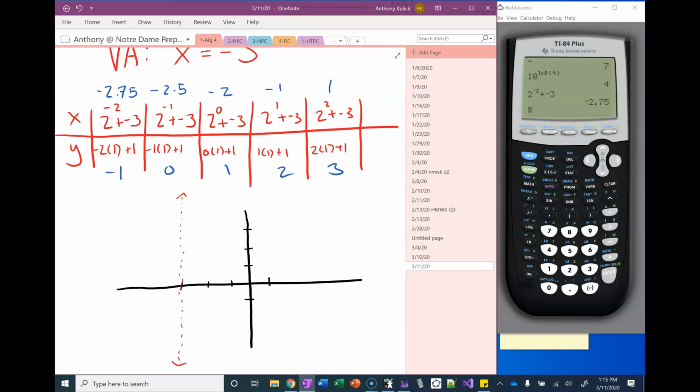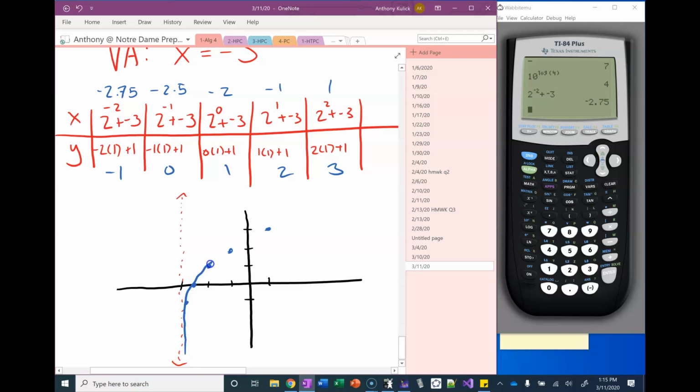So I'm going to draw a vertical line that goes through negative 3. And then I'm going to plot my points here. So negative 2.75 and negative 1. And then negative 2.5 and 0. Negative 2 and 1. Negative 1 and 2. And then 1 and 3. So I'm going to go ahead and draw my graph.